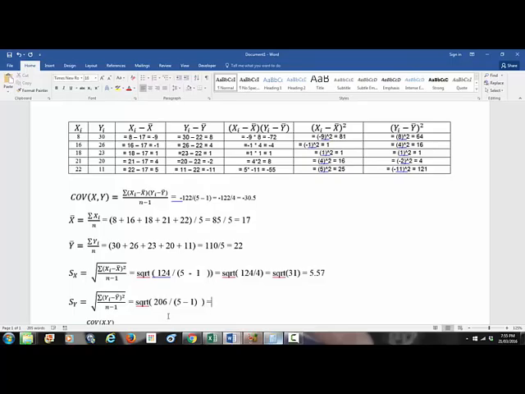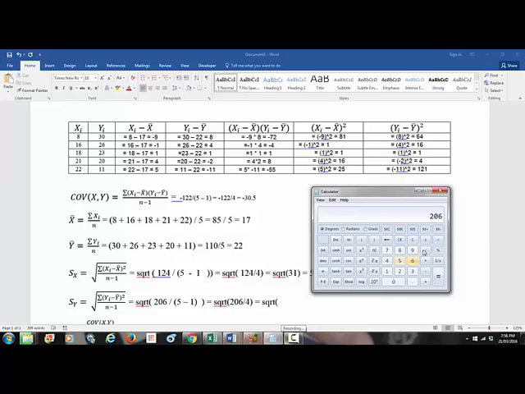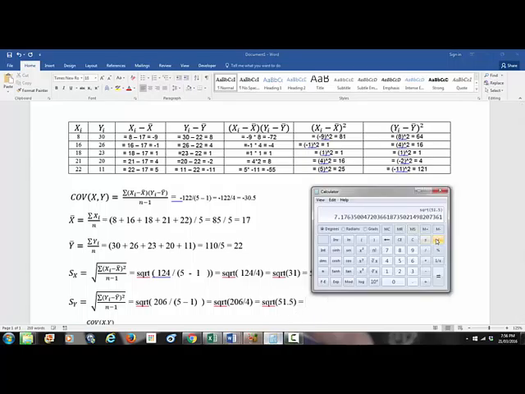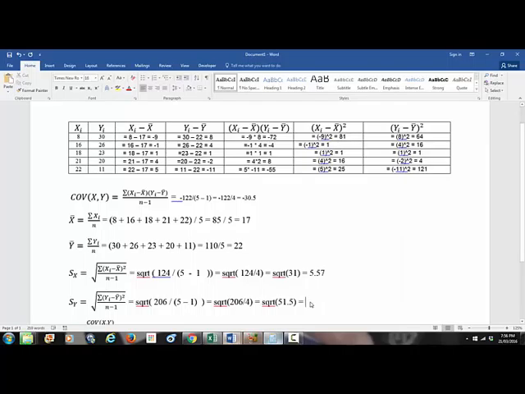So that's equal to the square root of 206 divided by 4, which is the square root of 51.5, which becomes, so let's take that square root, roughly 7.18. So 7.18, 2 decimal place accuracy.